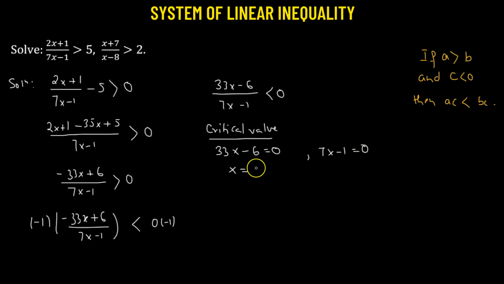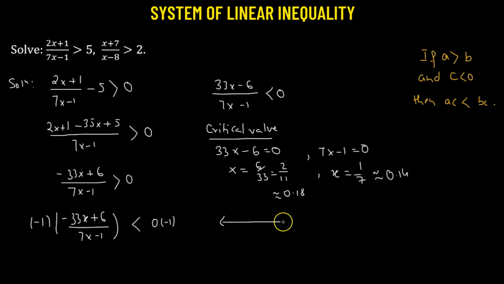That gives us x equals 6 over 33, or simply 2 over 11, and x equals 1 over 7. Now 2 over 11 is approximately 0.18, and 1 over 7 is approximately 0.14, meaning 1 over 7 is less than 2 over 11.